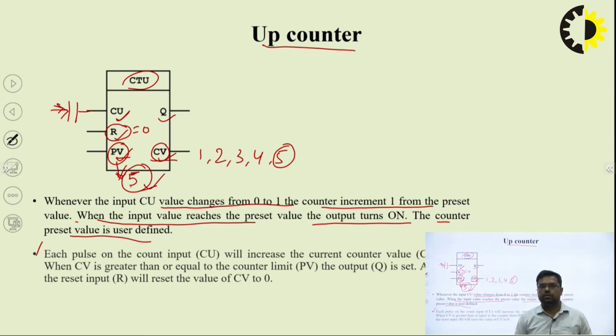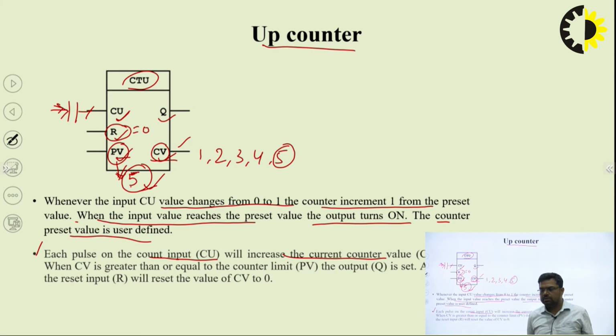Each pulse at the counter input, this CU block, will increase the counter value by 1. With this batch the counting goes on, and then the process is reset to 0. So this way the counting will be done.